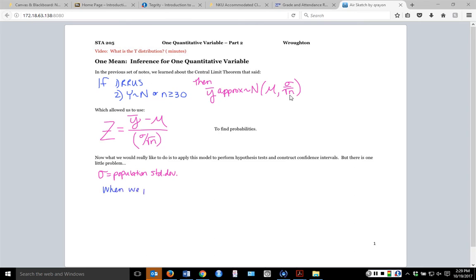So when we perform a hypothesis test, we will have a rough idea of what to use for the population mean.